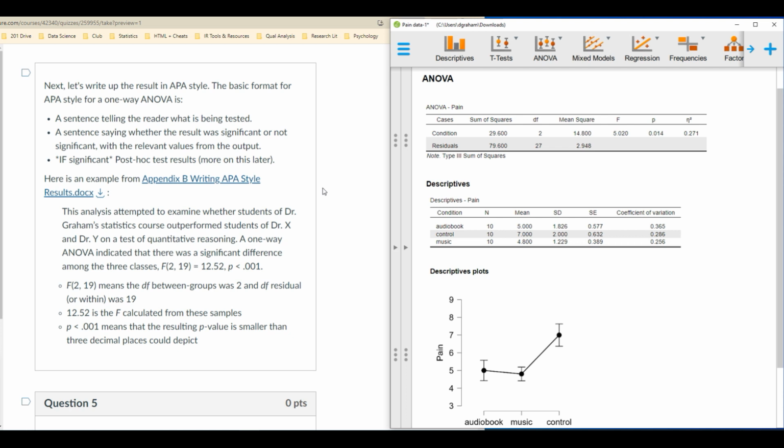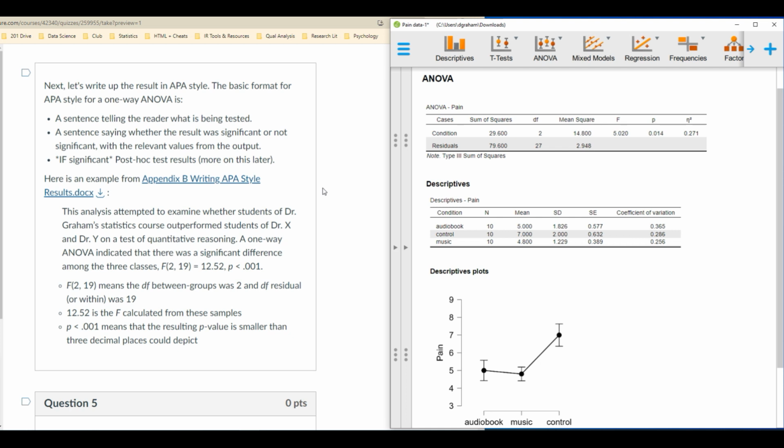So in writing up our APA style, the basic format for a one-way ANOVA will include a few things. It's always good to start out, if you are offering it as a standalone report, not as a larger piece, with a sentence that tells the reader what is being tested. So really orienting your reader to what your purpose is in conducting the analysis.